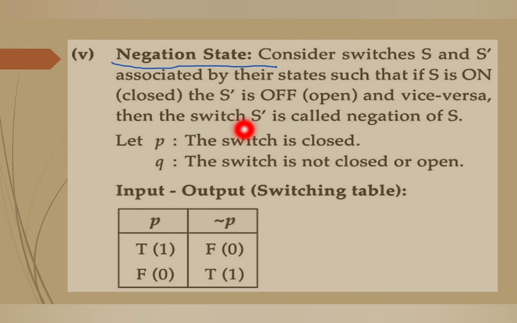Then switch S dash is called the negation of S. Here statement P: the switch is closed, and Q means the switch is not closed or open, the opposite of this. Input output switching table for this: this is P and this is negation P. If P is T, then negation P is F, and if P is F, then negation P is T. That means 1.